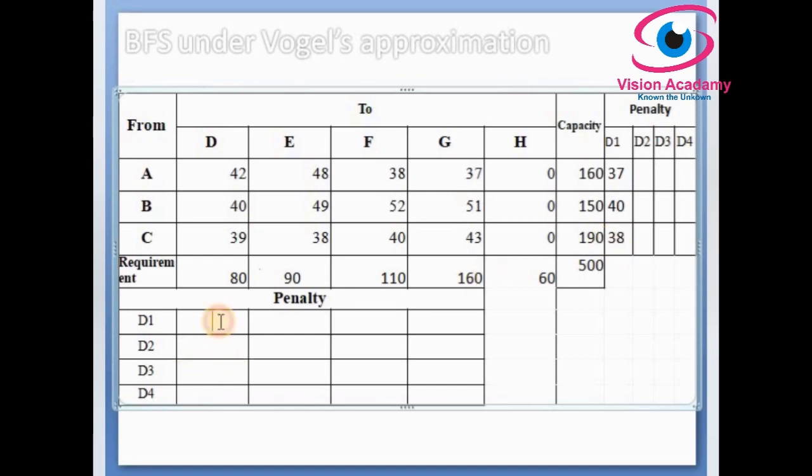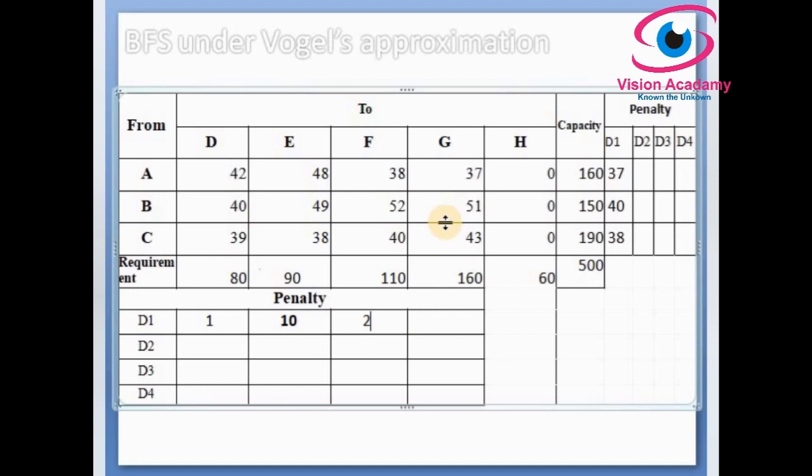Now come to the column differences. In the first column, the first least cost is 39 and the second is 40, and the difference is 40 minus 39, 1. In the second column, the first least cost is 38, the second is 48, and the difference is 10. In the third column, the first least cost is 38, the second is 40, and the difference is 2.